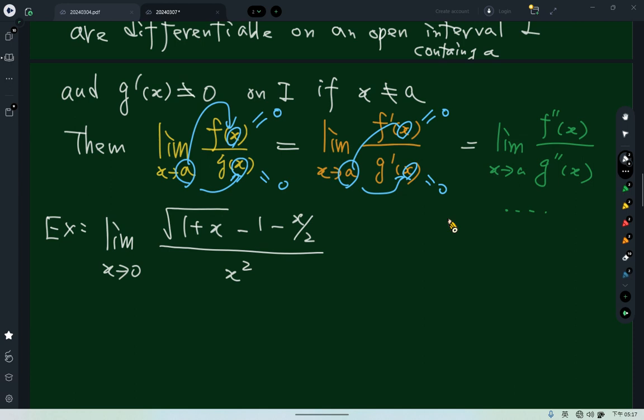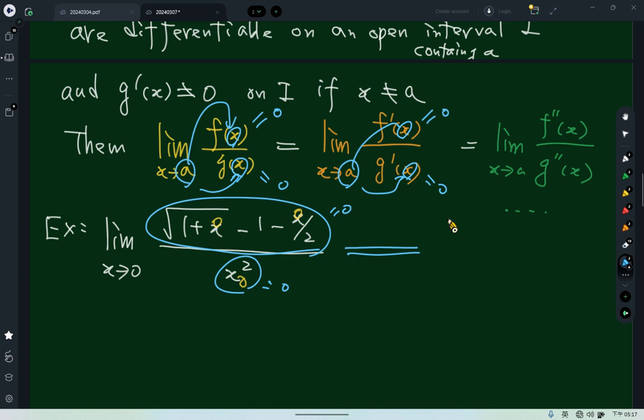So the total result in the numerator is 0, and the denominator is also 0. So we get a 0 over 0 pattern, an indeterminate form. The next step is to differentiate the numerator and denominator.